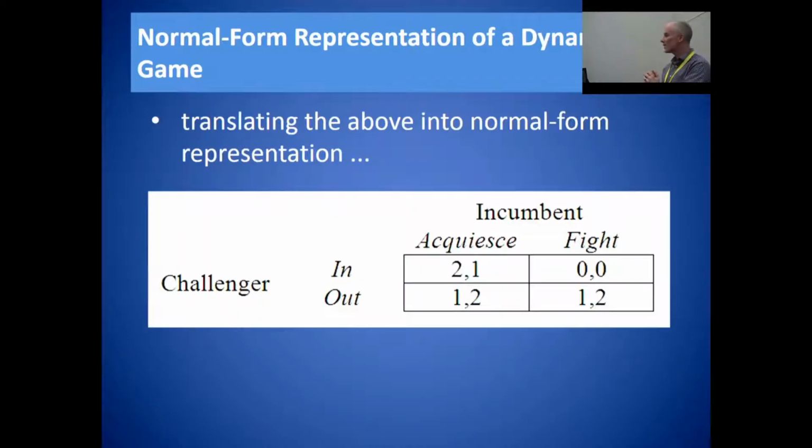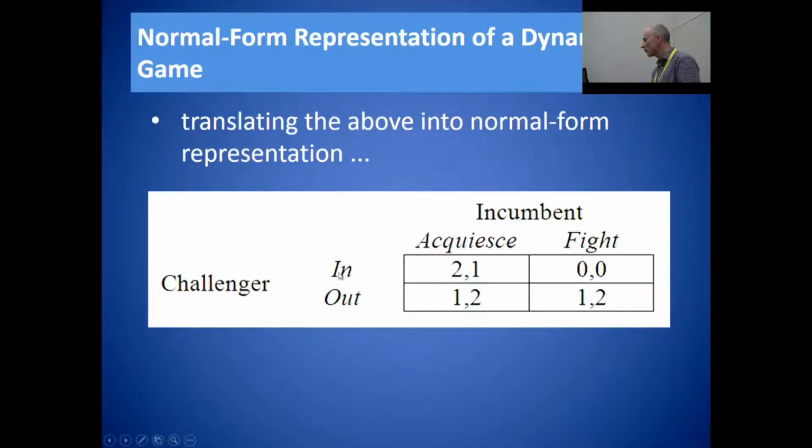If I take that information, where we've got our 2 firms choosing over 2 available strategies, and then the various payoffs, we could translate that to the normal form as shown here. In normal form, we just require 3 things. The players, who are the challenger and the incumbent. The available strategies: the challenger, in or out; the incumbent, acquiesce or fight. And then these numbers here are just the payoffs that we described previously.